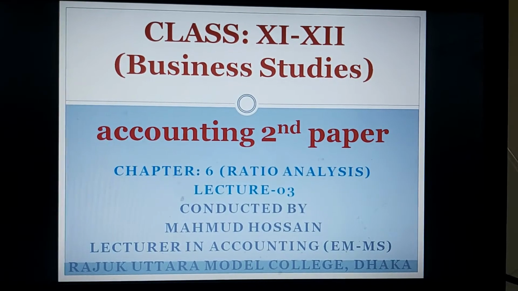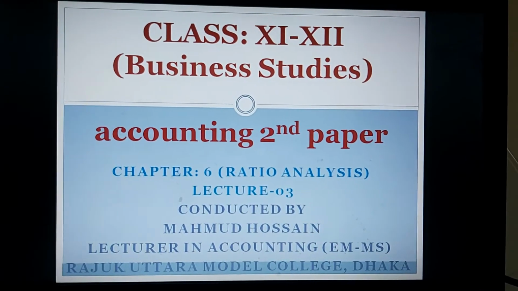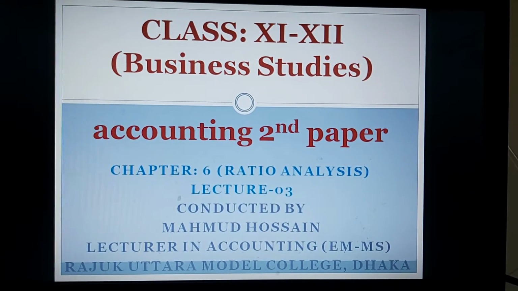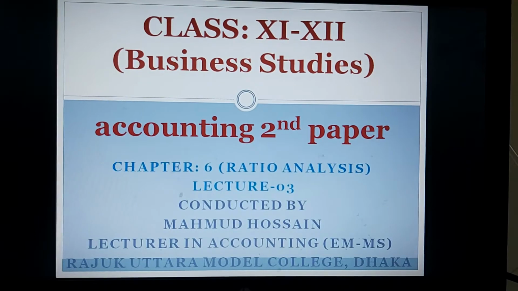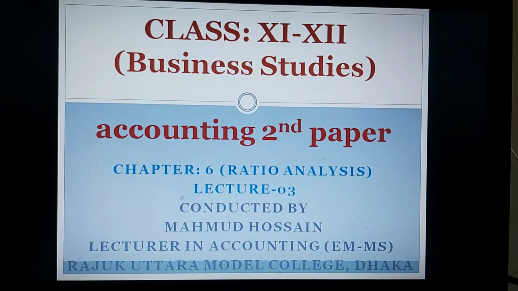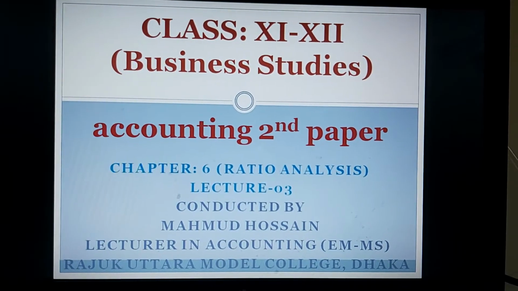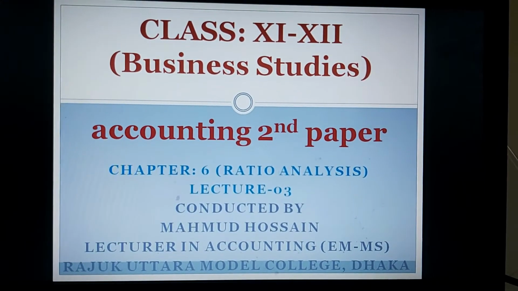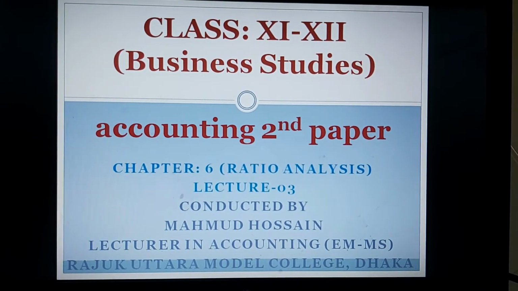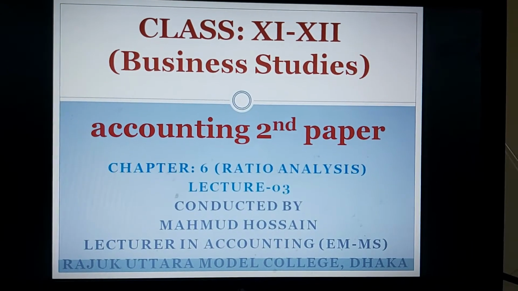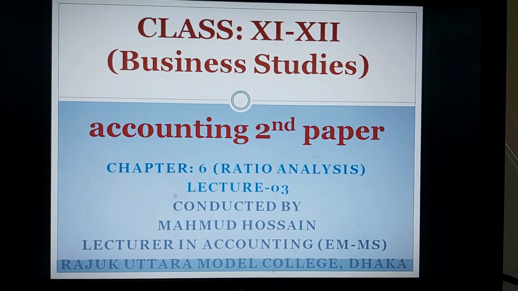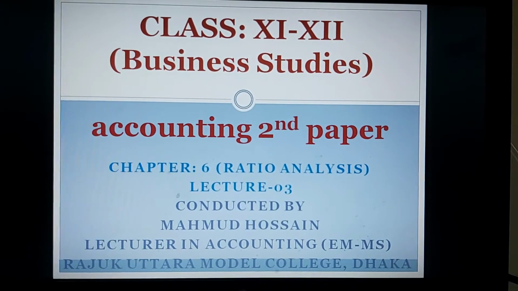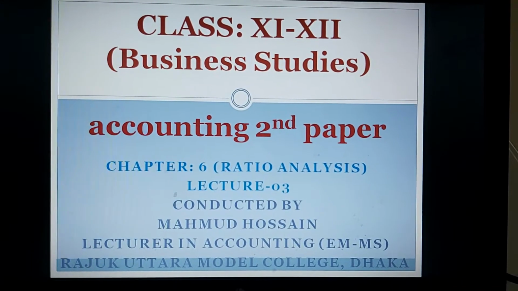So dear students, take your accounting copy, Accounting Learning Workbook Level 2, pen, pencil, scale, and also a calculator, because every calculation in this chapter is related to a calculator or measurement. So you have to take all your instruments for solving number 2 from the chapter of ratio analysis.